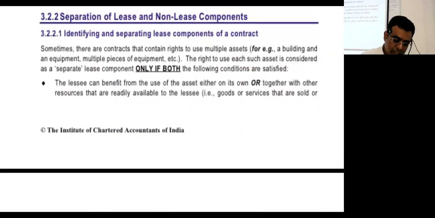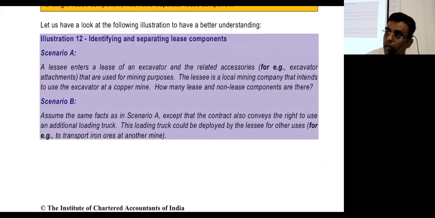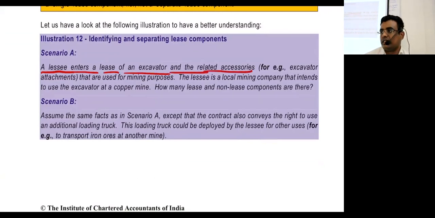Identification and separating of lease components of a contract. When to separate, when not to separate. We discussed that. Problem: lessee enters a lease of an escalator and related accessories, used for mining purposes.